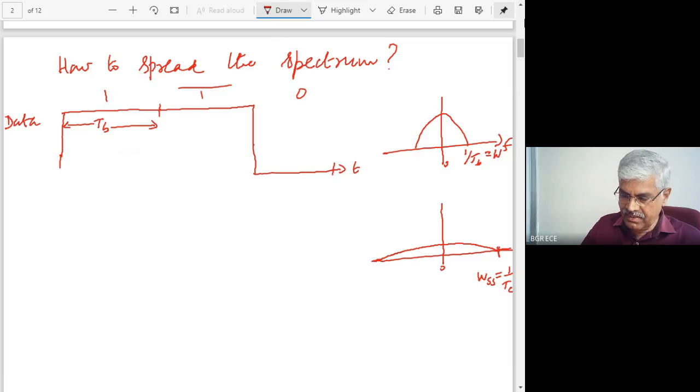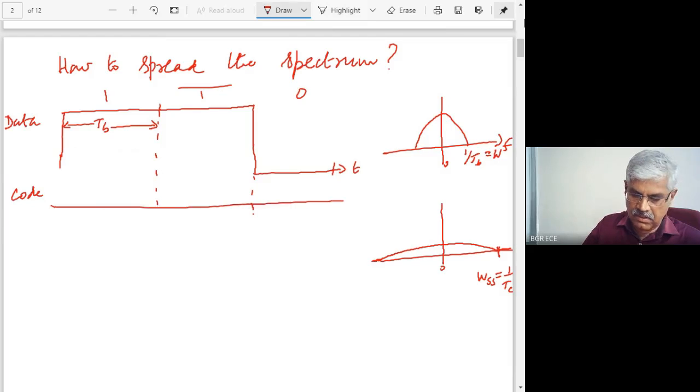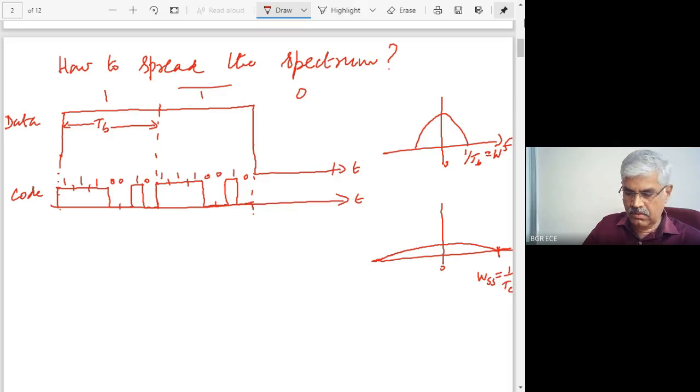So for generating a waveform corresponding to this spectrum, what normally people do is use a certain type of code. For your convenience, I am drawing it.